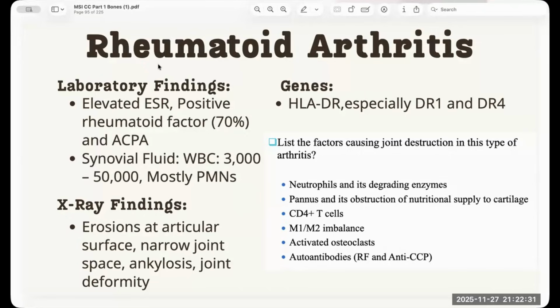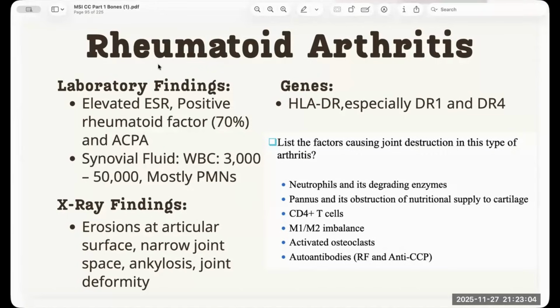It's the anti-citrullinated protein antibody that we just mentioned above that forms, and the rheumatoid factor is another antibody that is involved in rheumatoid arthritis. And synovial fluid, as I mentioned above, is very handy in these types of diseases. It will show high WBCs and an infiltrate of polymorphonuclear cells.